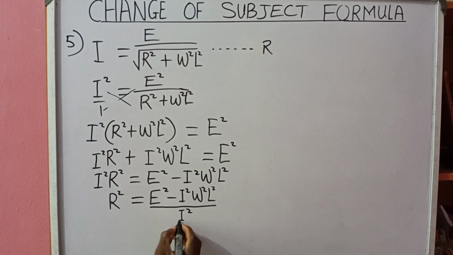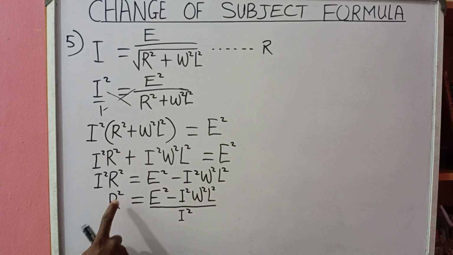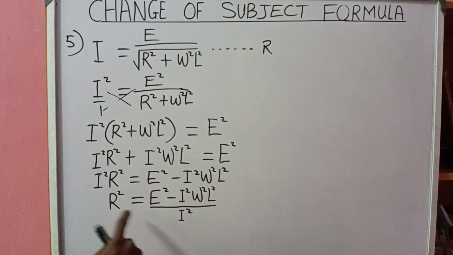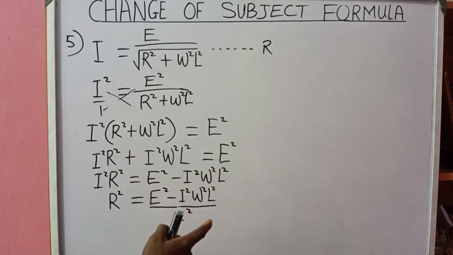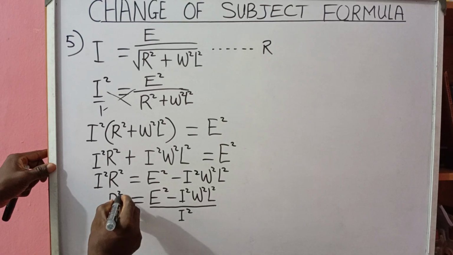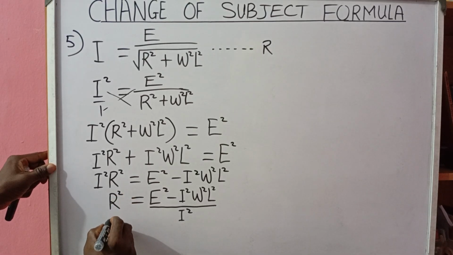So that is not all. The remaining step is that we are asked to make R the subject of the formula and not R squared. Can you recall what we said about when you have square? If you have square, you apply square root. That is exactly what we do. In order to eliminate this square here, we have to apply square root.